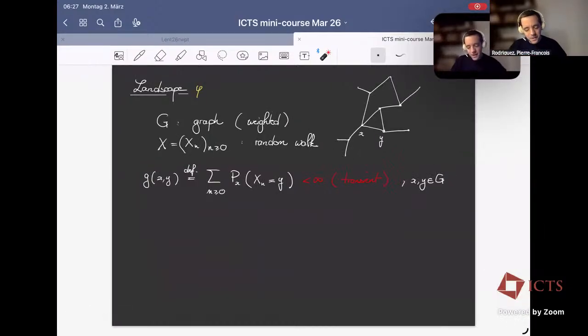Okay. So I want to now change this landscape, which will give rise to different percolation models. I'm not going to choose just any landscape. I'm going to choose one very specific one. And as the mini course unfolds, I will highlight multiple times why this choice presents certain advantages that other choices do not.